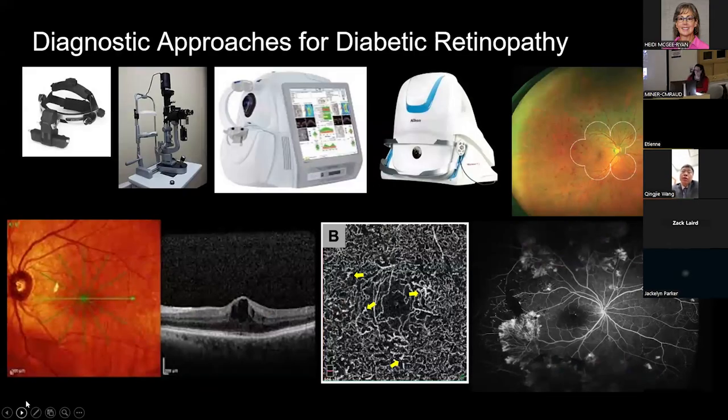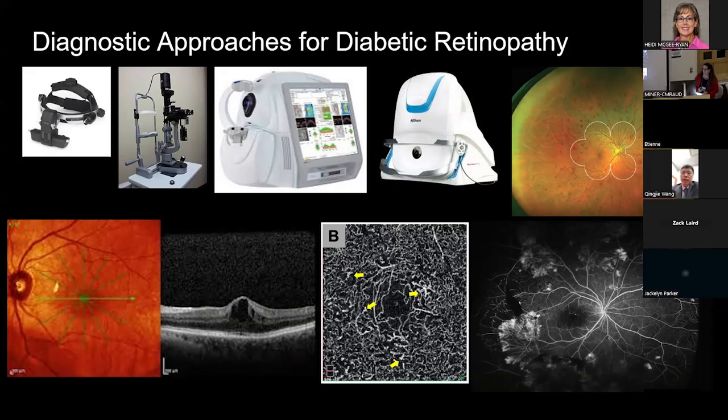Okay, so what are the common diagnostic approaches to stage or diagnose diabetic retinopathy? Typically, we start with our own eyes. We look at the fundus with either indirect ophthalmoscopy or a slit lamp, and we can tell there's hemorrhage, there are hard exudates, there are cotton wool spots, there's ERM, there are abnormal blood vessels.